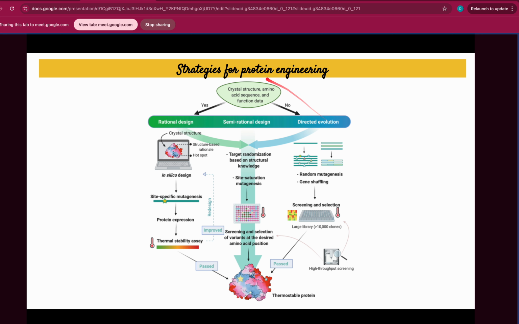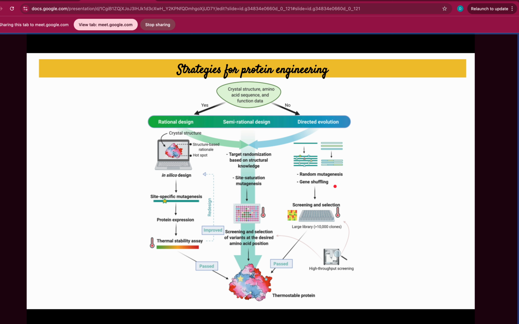And the second thing is that if we do not have any of this information, or for example, if we want to design an entirely new protein, that comes under directed evolution, in which we bring about random mutagenesis, or we perform gene shuffling.